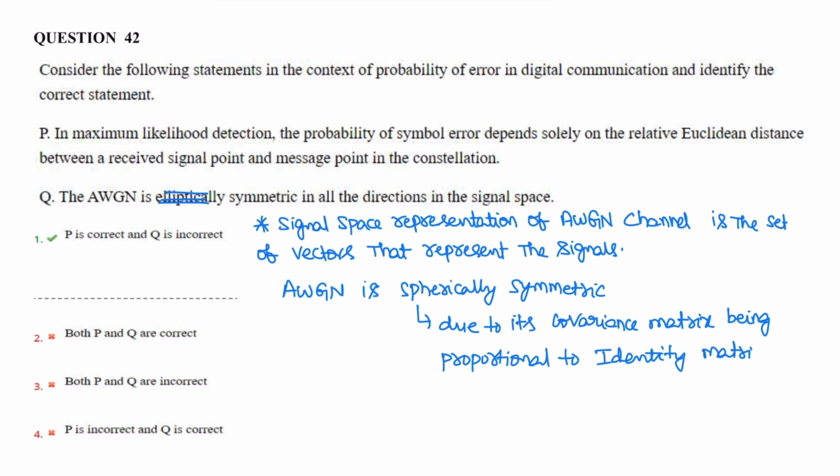The AWGN noise distribution is uniform, and AWGN is spherically symmetric in all directions in the signal space because the covariance matrix is proportional to the identity matrix. So statement P is correct and statement Q is incorrect.